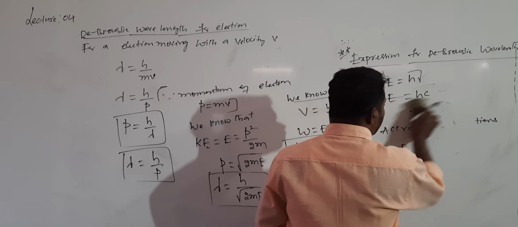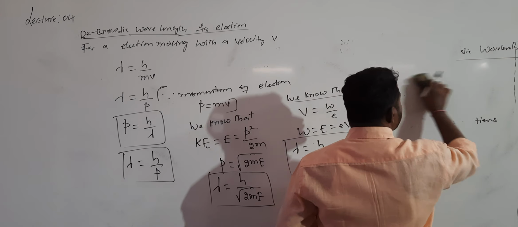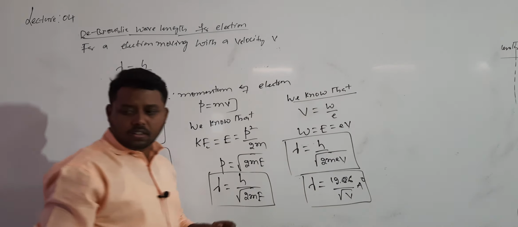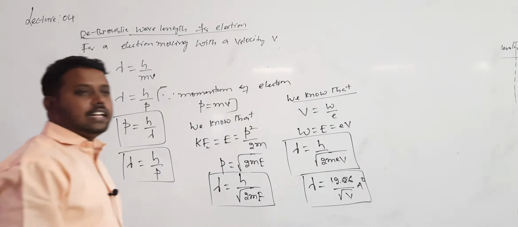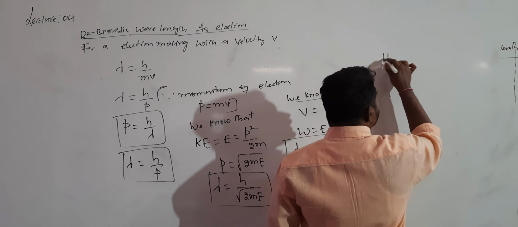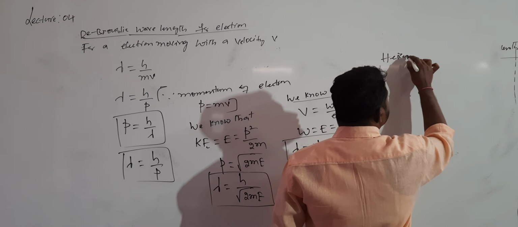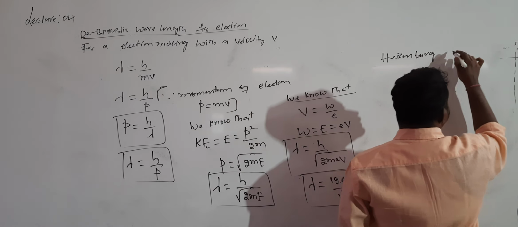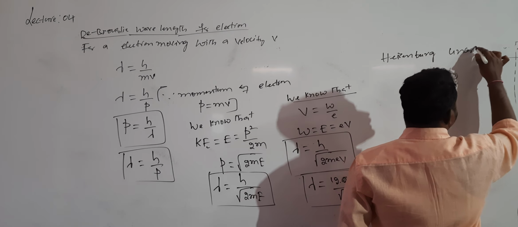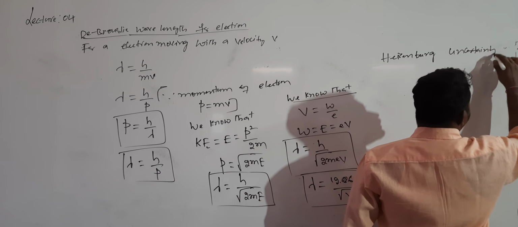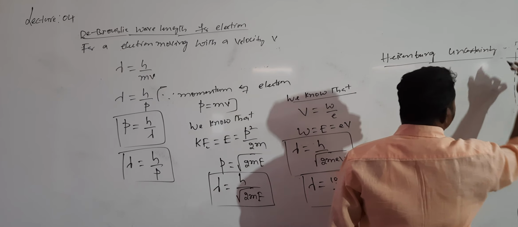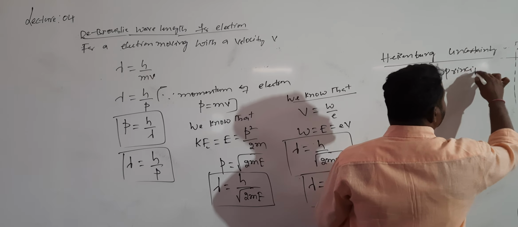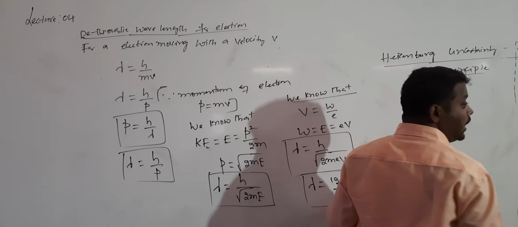After completion of the de Broglie wavelength, here we will get one controversy of this de Broglie concept with which one? With the Heisenberg uncertainty principle. According to the Heisenberg uncertainty principle, we cannot detect both momentum and position of a particle at exactly the same time.